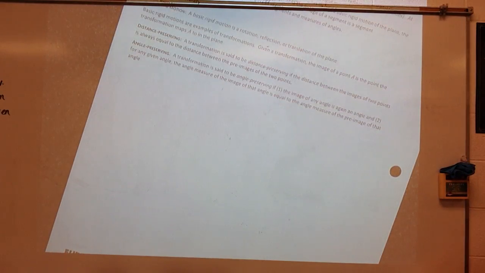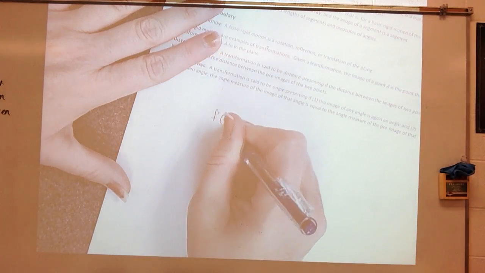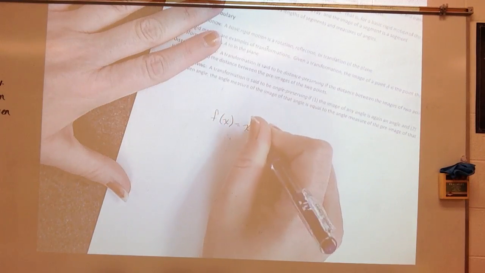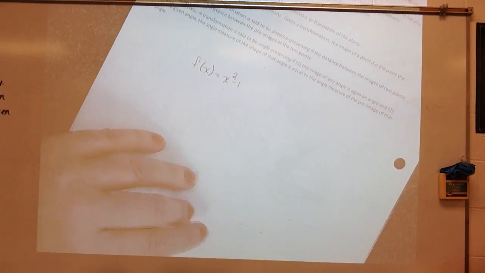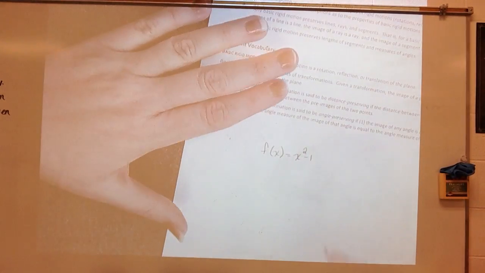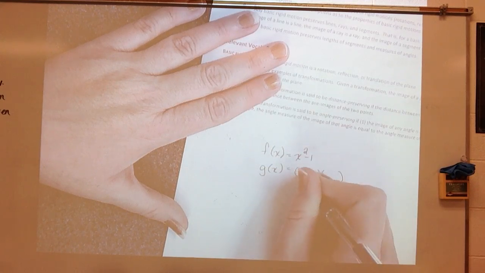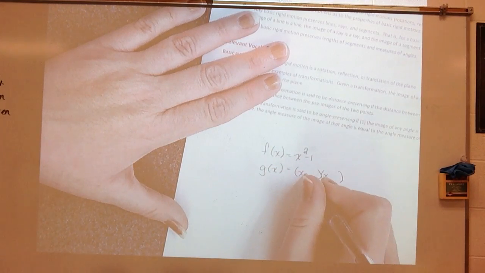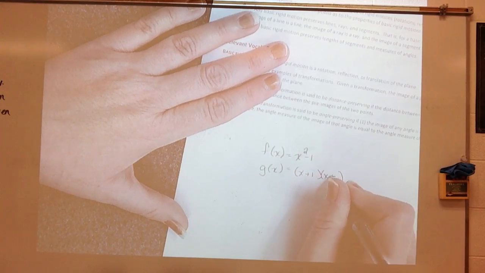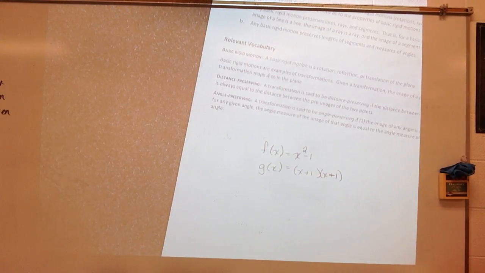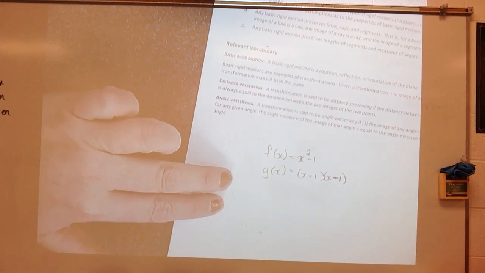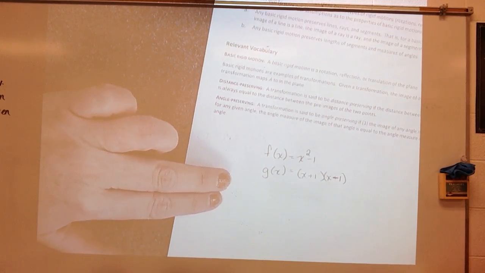You must understand that two transformations are the same if they produce the same image. Let's say that I have f of x, a function, and f of x is equal to x squared minus 1. And I've got g of x is equal to x plus 1 times x minus 1. These two functions are the same because they give me the exact same thing.